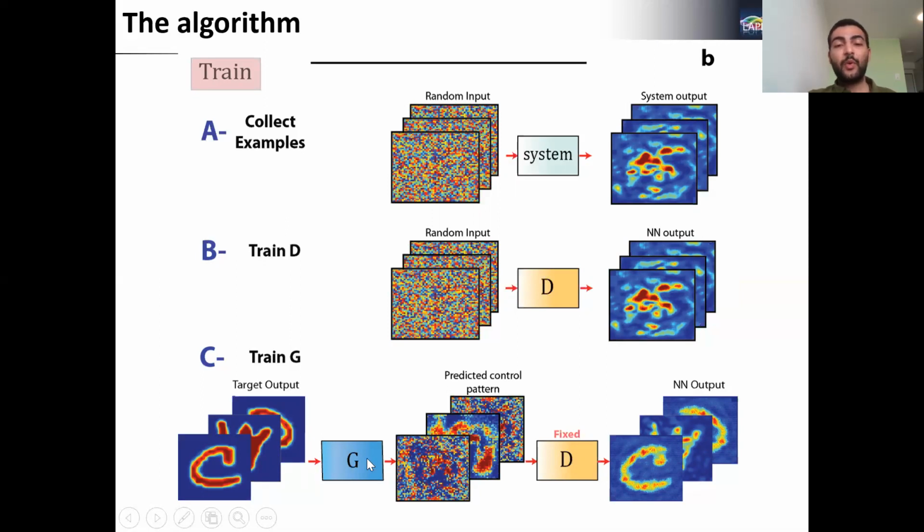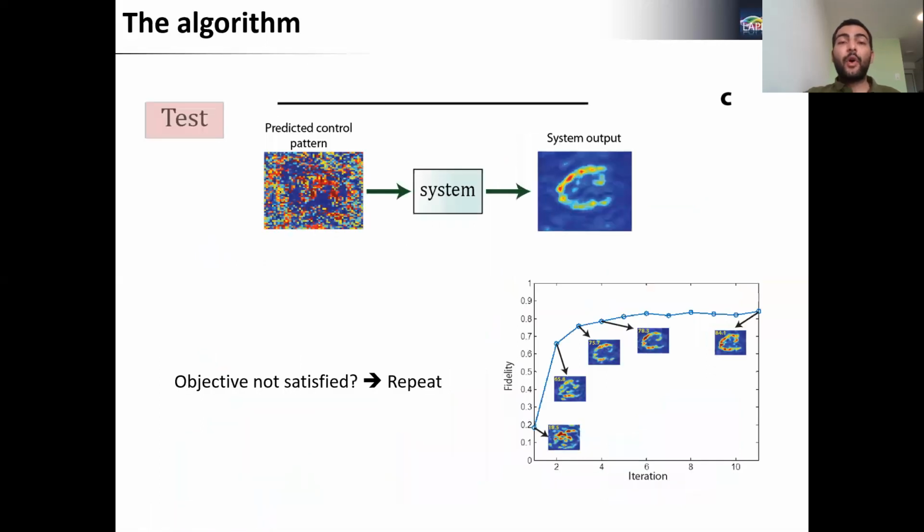G initially doesn't know the relationship, but using the information of D, G gradually learns to give you the particular control pattern that you really need. So once the training is done, you can simply send the control patterns that the network G gives you to the fiber, and then you have your output at the camera side of the fiber.